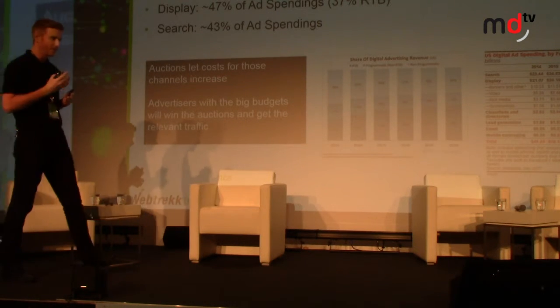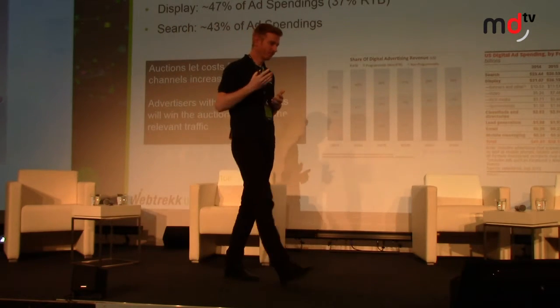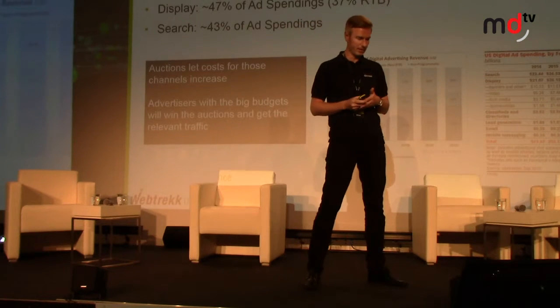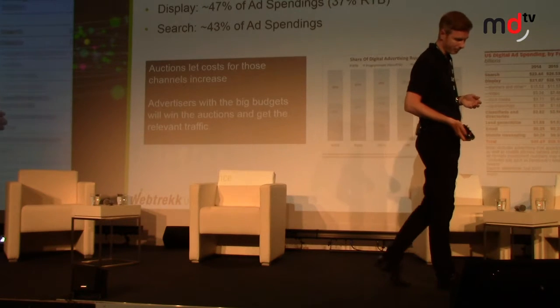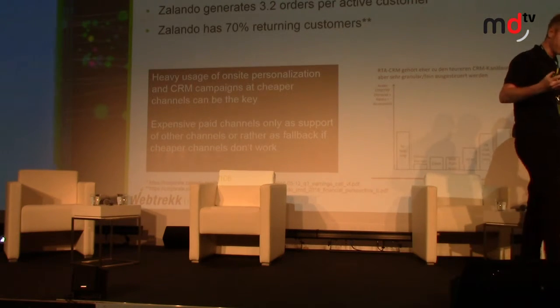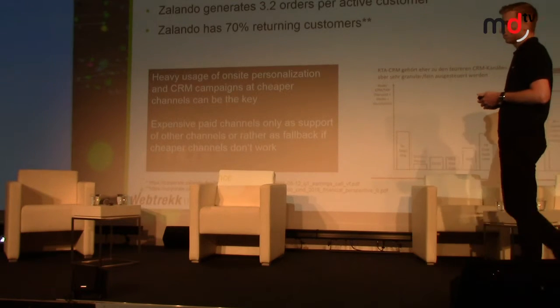And in the end, the advertisers with the biggest budgets will win the bid and therefore will win the relevant target group. So, customer acquisition costs are getting more expensive in that area, and driving users' retention is becoming more and more important.